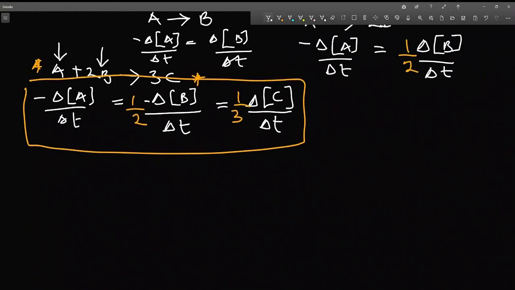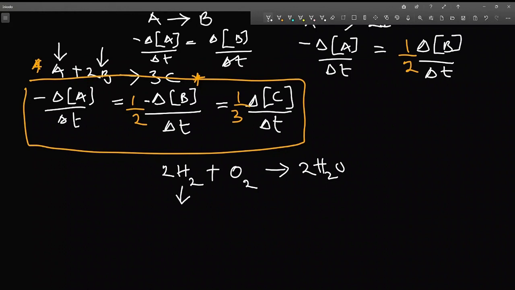Okay, let's see the reaction for the formation of water, where we have H2 plus O2 to give 2H2O. Balance the reaction, we have a 2 here. Now, what will be the rate expression for this reaction? First, what is the rate of disappearance of H2?